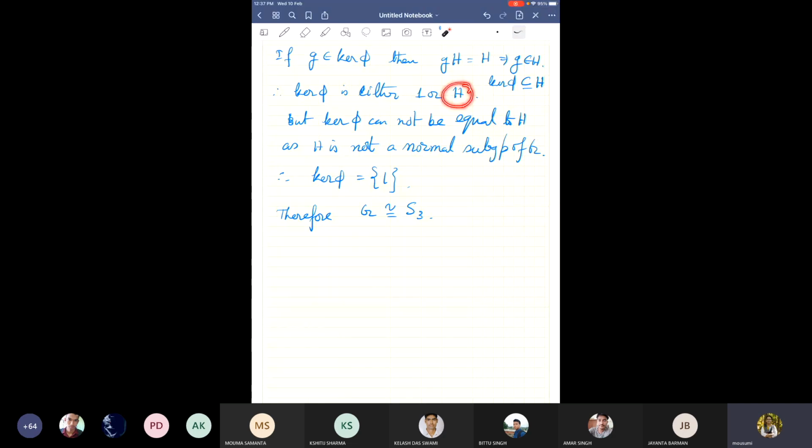The kernel is always a normal subgroup, we know, but H is not a normal subgroup. That means the kernel cannot be equal to H. So if the kernel is not equal to H, then the kernel has to be the identity. Therefore, we get this isomorphism.